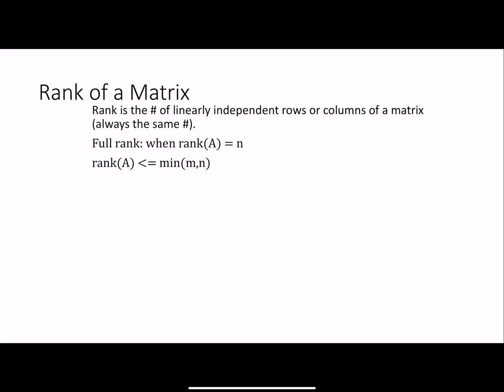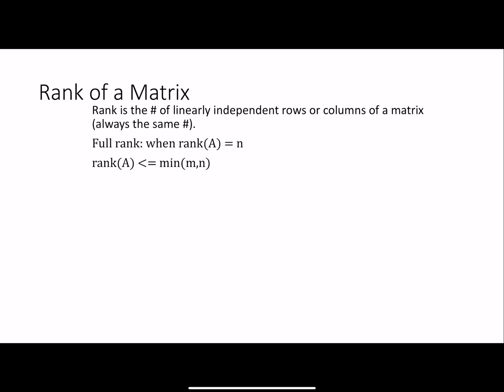Another concept that is important that sometimes you'll hear us talk about is the rank of a matrix. The rank is the number of linearly independent columns or rows of a given matrix. This is always the same number. If you compute the number of linearly independent rows, it's equal to the number of linearly independent columns.